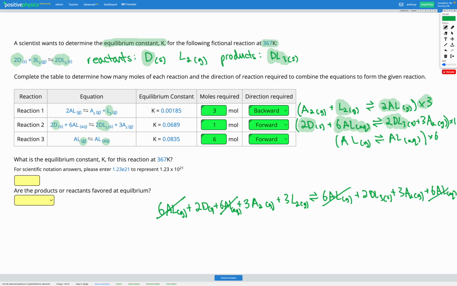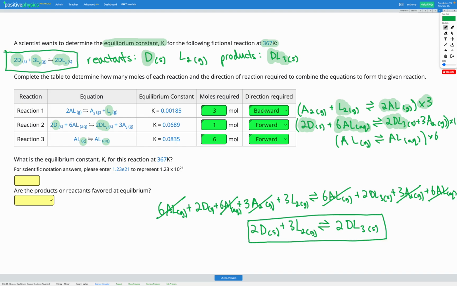We've also got 3A2 gas in both the reactants and the products, so that's going to cancel out. So we're left with 2D solid plus 3L2 gas goes to 2DL3 solid. And that matches perfectly with our goal equation. So there is our goal equation.